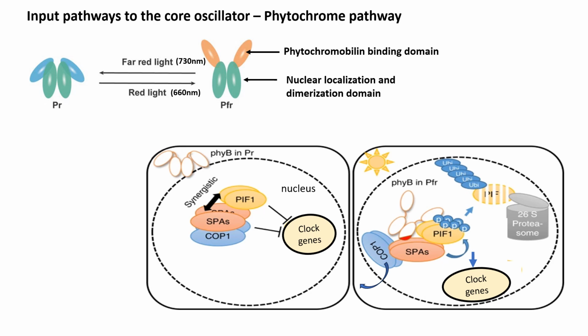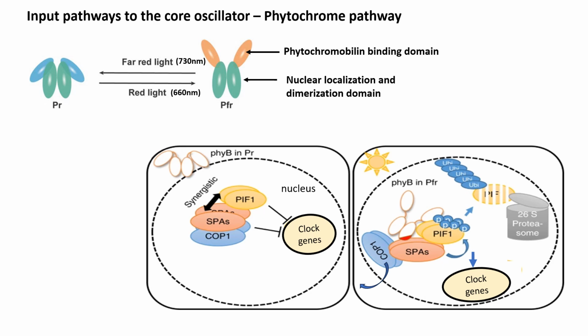Phytochromes are activated under red light, which brings about their isomerization from an inactive PR form to the active PFR form. Phytochrome A is active under red light of low intensity, while phytochrome B is active under high intensity red light.